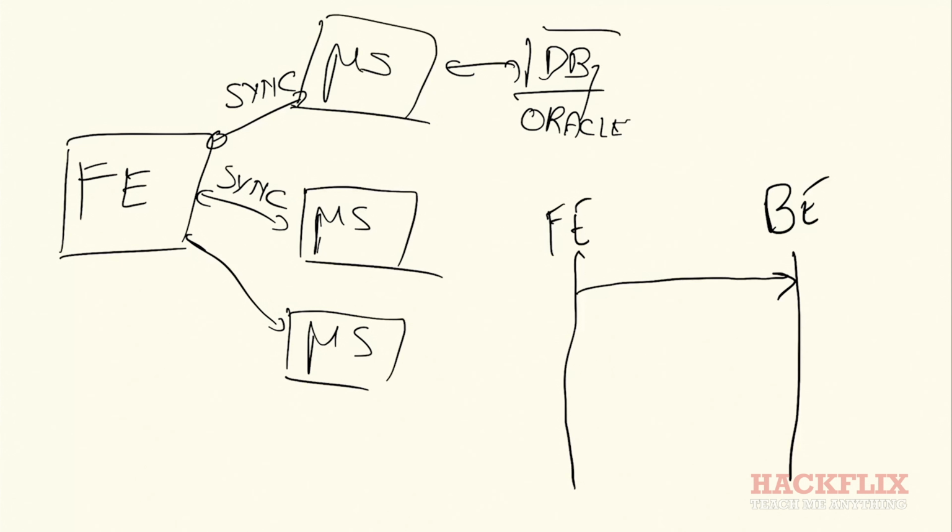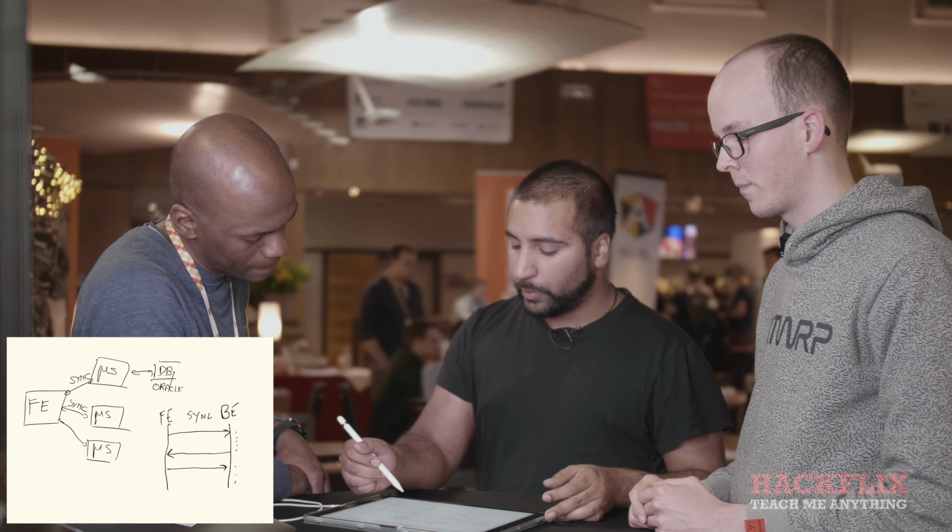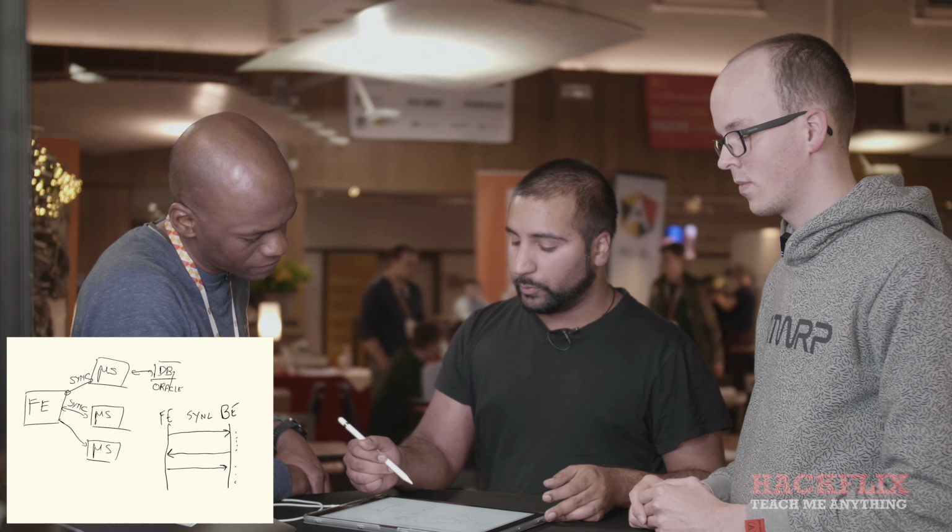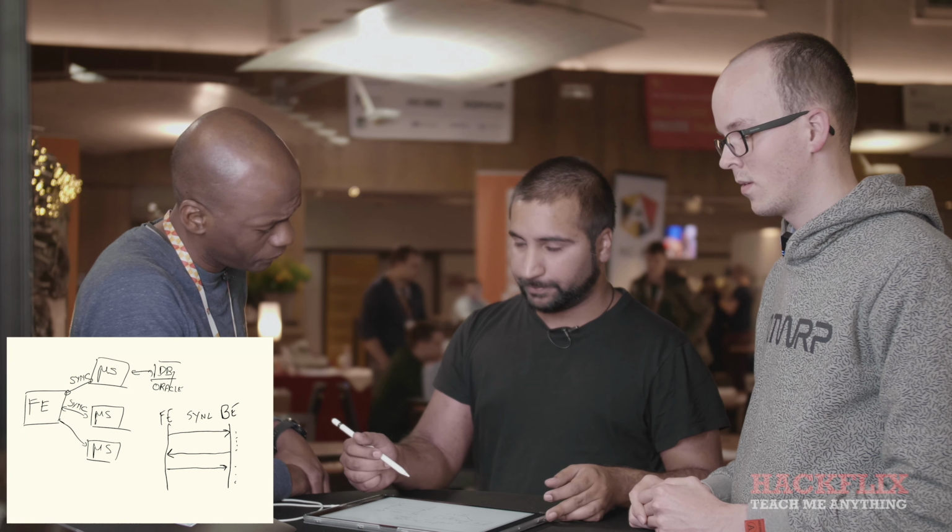The backend will take some time to process the request, and this will come back to the front end. But in the meantime, since it's a sync call, the front end is waiting for the answer. And once the answer comes back, it will make a second call. So in that way, the front end is always pulling. So it's a lot of waiting time for the front end, and we want to improve on this part.